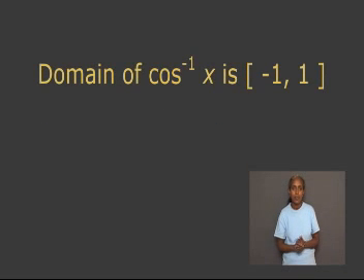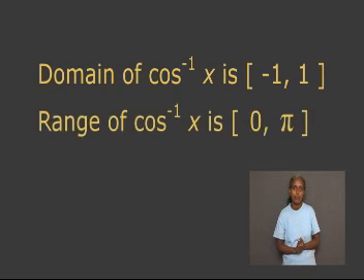The domain of the inverse cosine function x is the closed interval negative 1 up to 1. The range is the closed interval of 0 and pi.